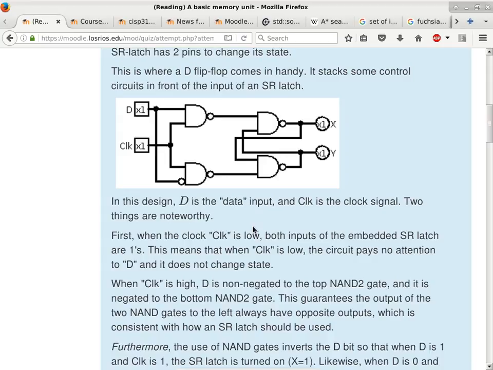So for the top NAND gate, the output is going to be a 0 because we have 1 and 1, which is a 1, but since this is a NAND gate, a 1 turns into a 0. Is that okay? And then for the second NAND gate, we have a negated input to begin with. So we have a 0 as one of the inputs, which guarantees the output to be a 1, right?